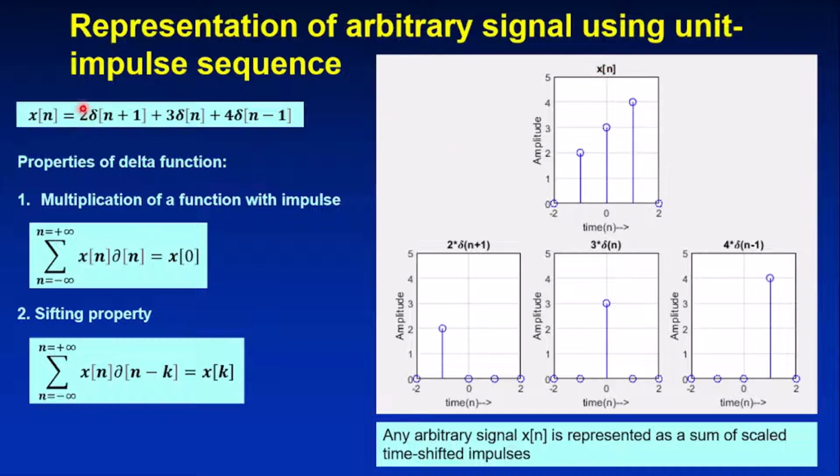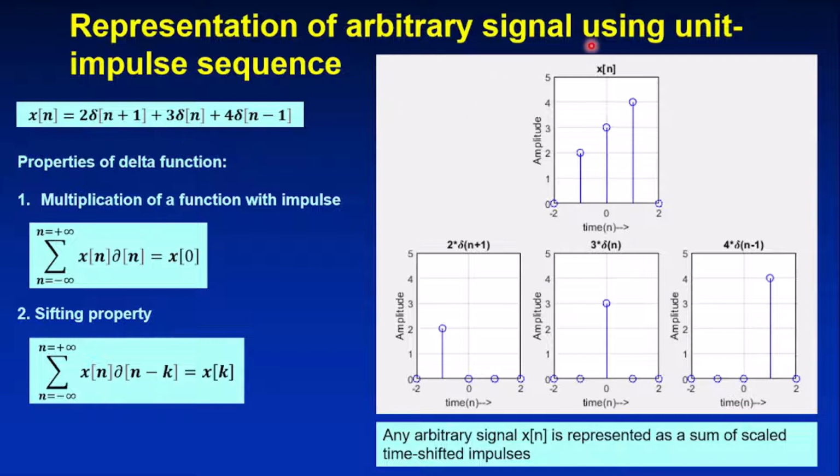So 2 into delta of n plus 1, plus 3 into delta of n, plus 4 into delta of n minus 1. So that means any arbitrary signal x of n can be represented in terms of impulses as shown here. This is the beginning to the convolution formula that we saw in the first session.